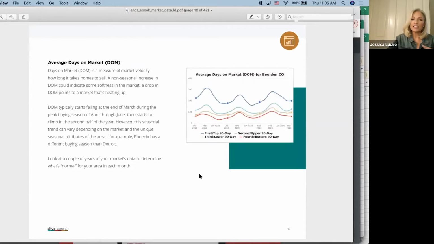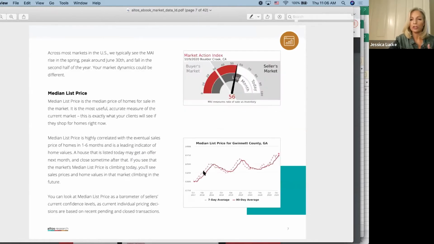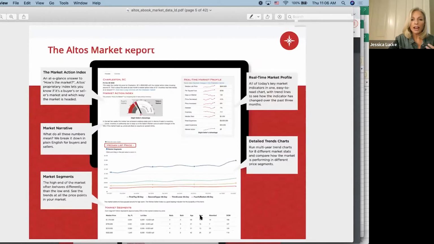The second thing is let's get a little bit of background about Altos Research. What is it that we want to be able to do and provide? Our goal as a data company is to answer the question, how's the market today? And I'll say it over and over again: what does that really mean?